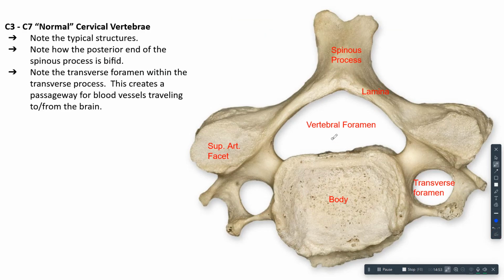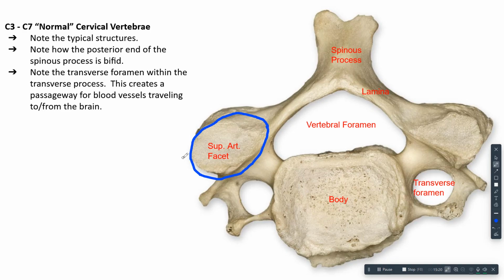Now, one other thing we notice, it's not written over here, but my superior articular processes, and I see the facet here, are rather flat in my cervical vertebrae. Now, why does this make sense? I made a big point of talking about how the superior and inferior articular processes lock the vertebrae together to restrict movement.